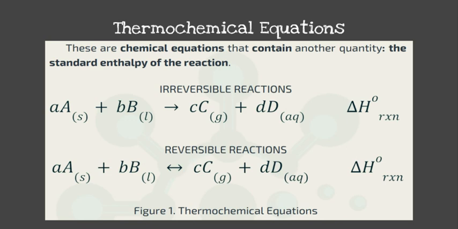As you can see, just the same as the stoichiometric equations that you used, there are parts. Lowercase a, b, c, and d are the coefficients. Capital A, B, C, and D are the substances. The subscript in parentheses with S, L, G, AQ, or other words are the phases.